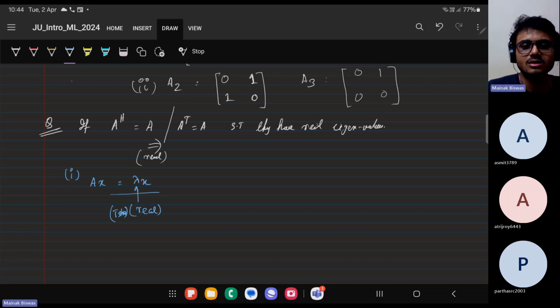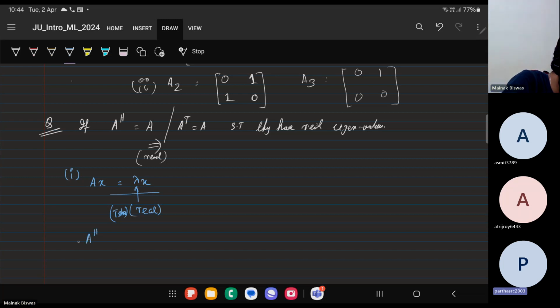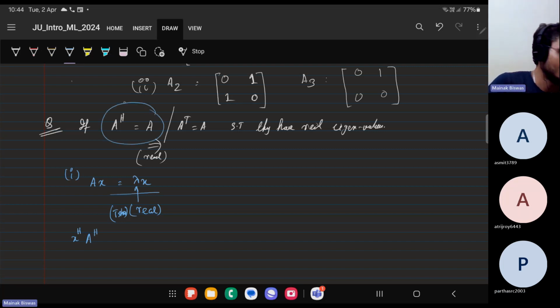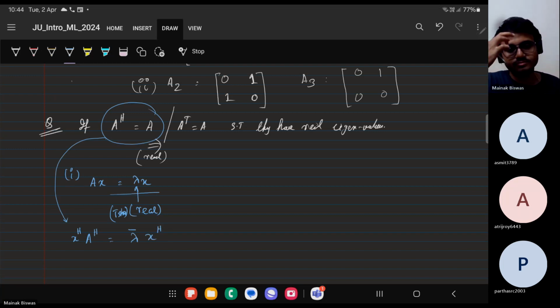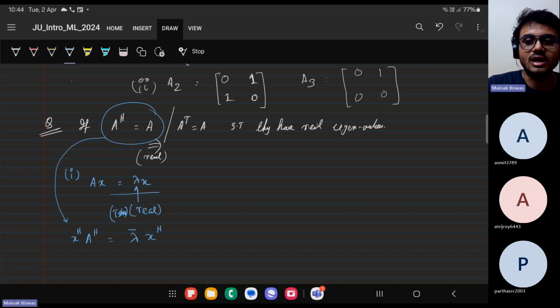Am I audible? Okay, so what other property is there? I am thinking how to. I'll take the Hermitian. You have been given this. Use this. When will you use this? Take Hermitian on both sides. What will you get? Is it clear? Hermitian we already discussed.